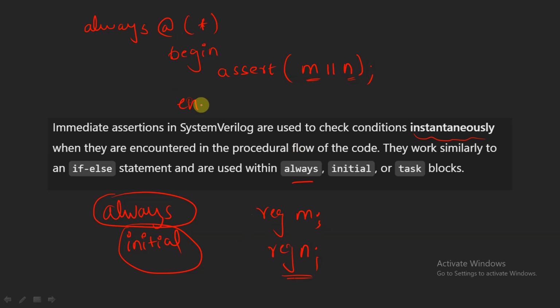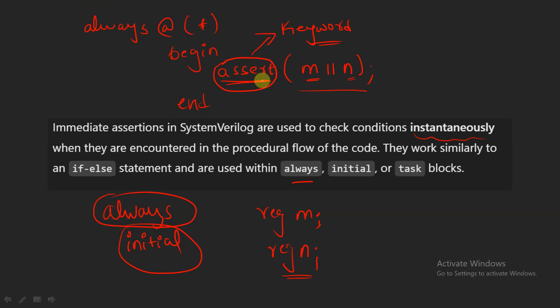The keyword assert is used for performing assertion checking. So it is checking whether the logical OR operation of m and n is true or false. If it is true, then the assertion will pass, or else the assertion will fail. So this is the meaning of this particular block.